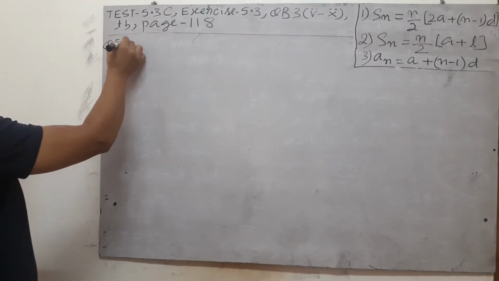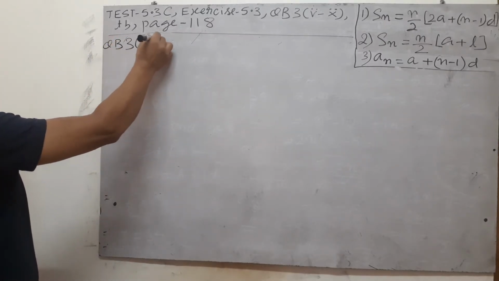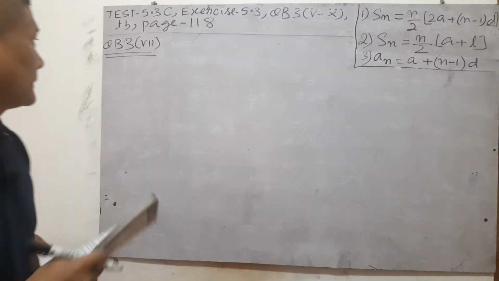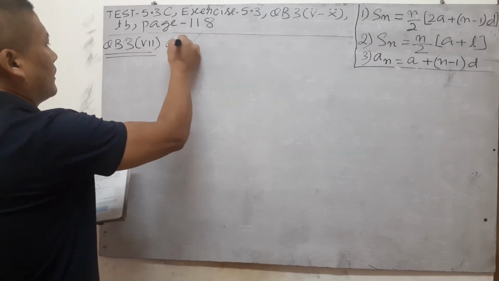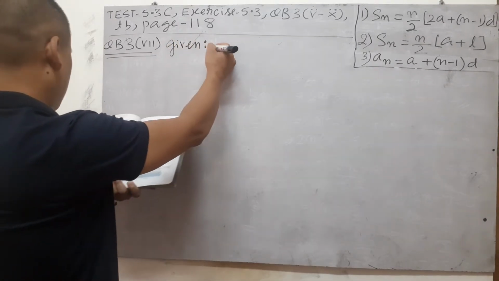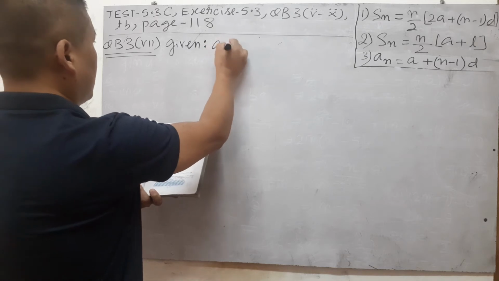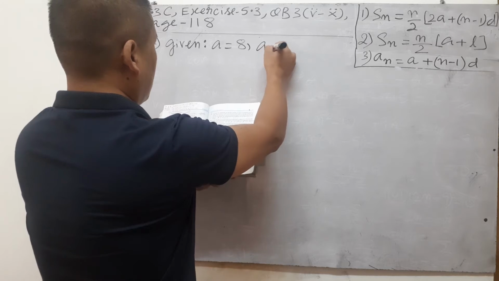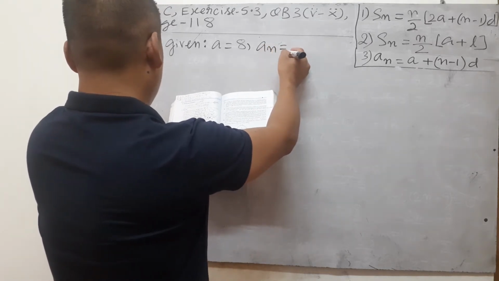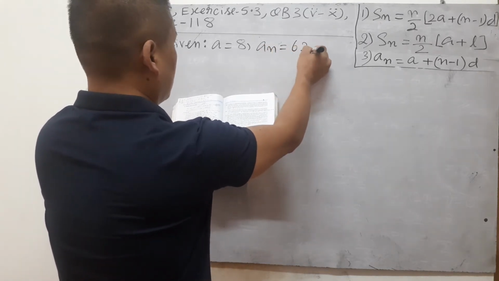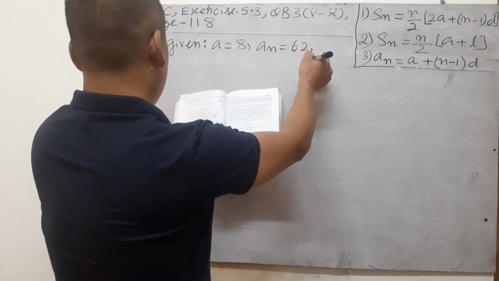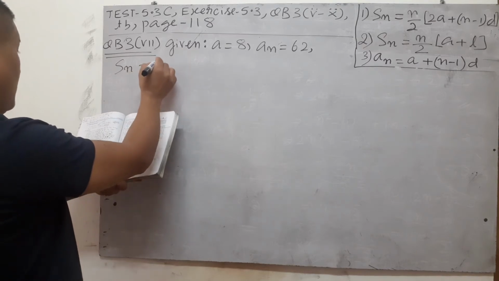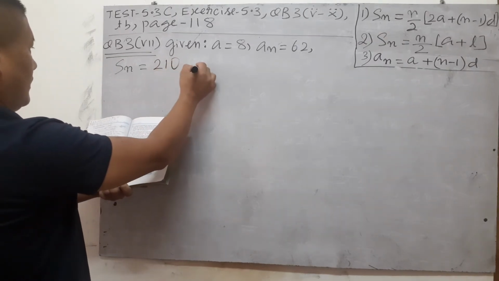Question B3, subheading 7. Let's do that. So given to us here is a equal to 8, then nth term value is 62, then sum of n terms Sn equal to 210.